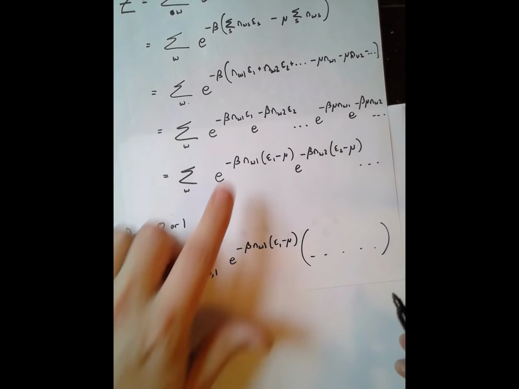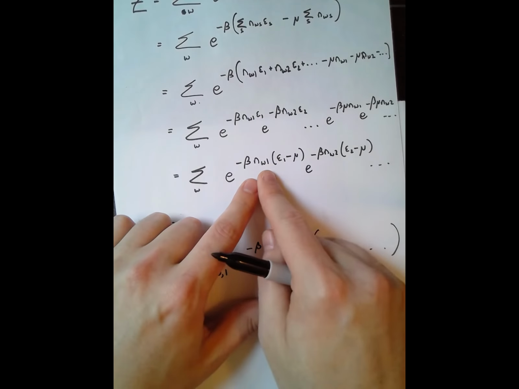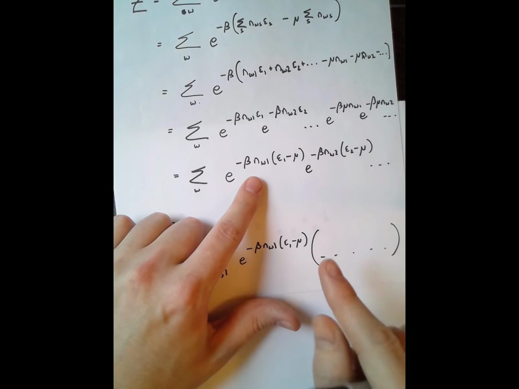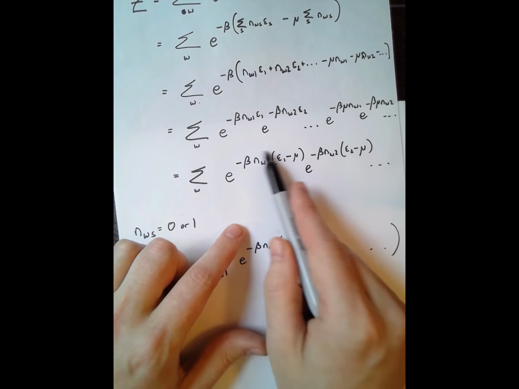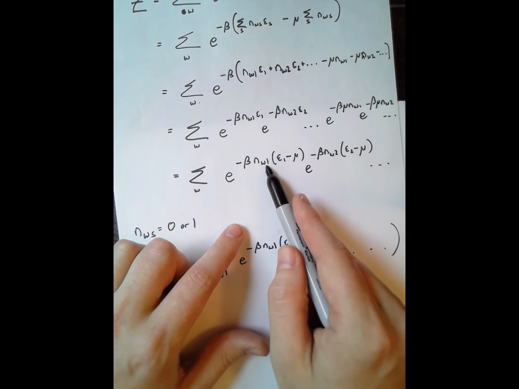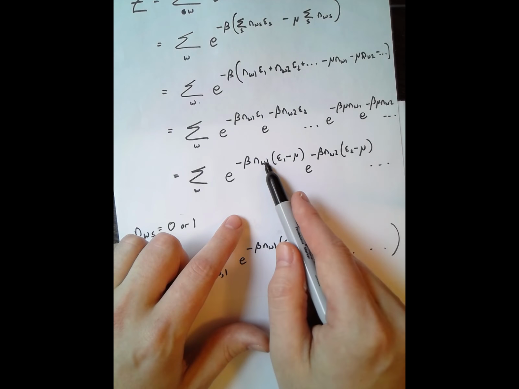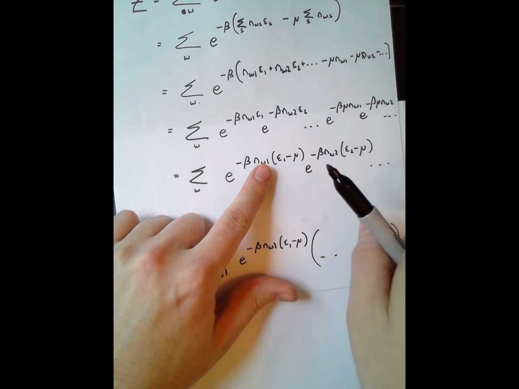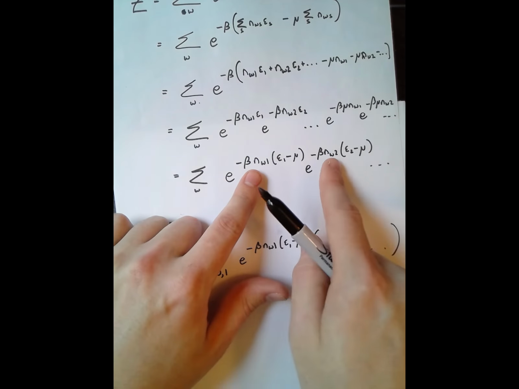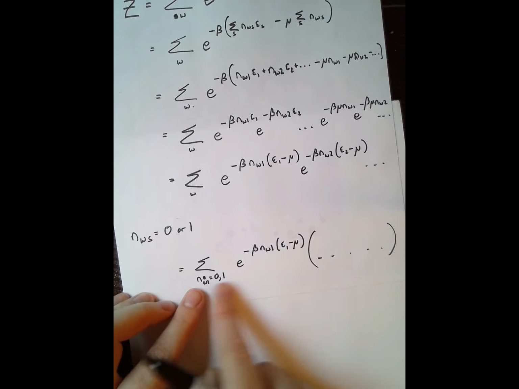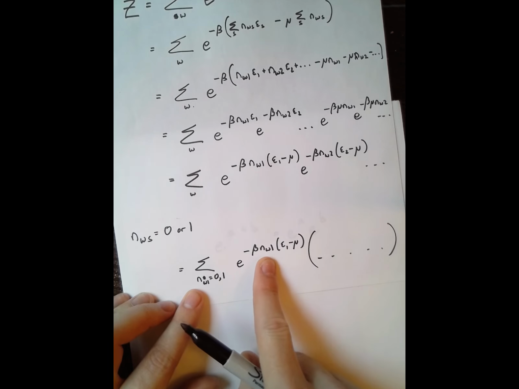Just to reiterate this point so it's clear, there are only two possibilities for states where n_w1 is different. Either you have a state where this is 0 and everything else is what it is, or you have a state where this is 1 and everything else is what it is. Here's the everything else, and I'm summing over just the two possibilities of this being 0 and 1.